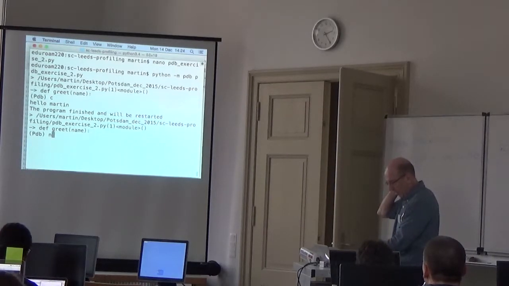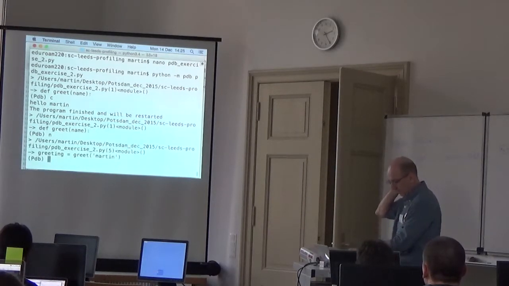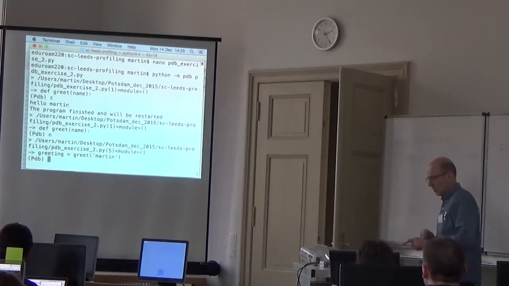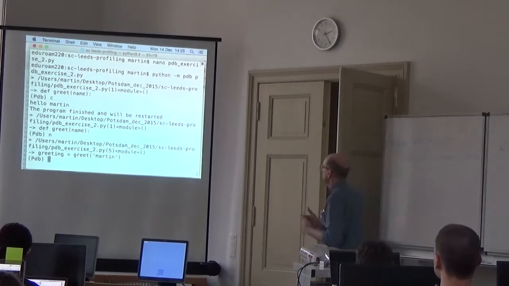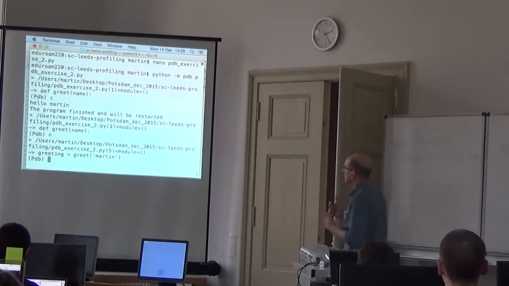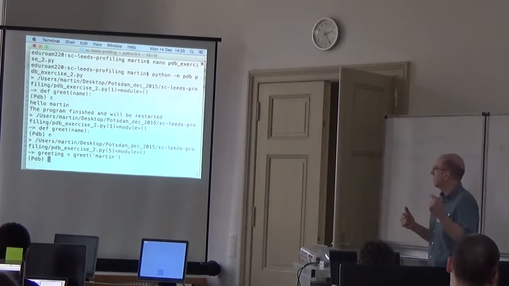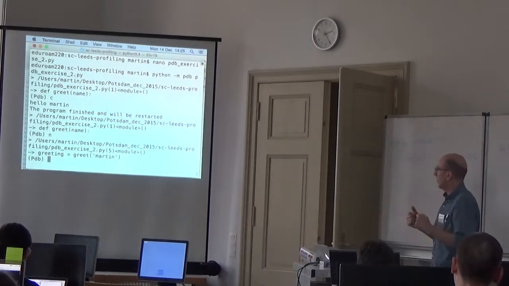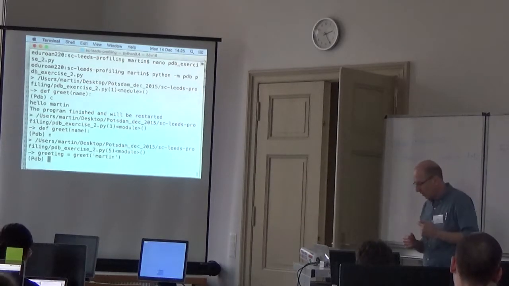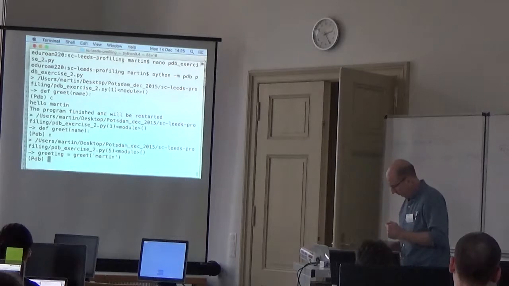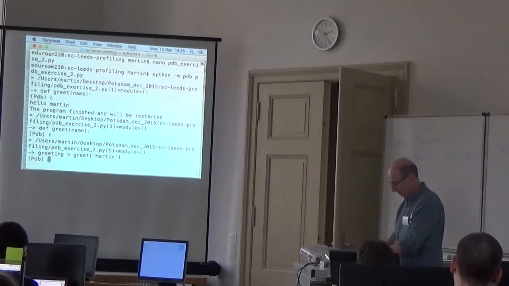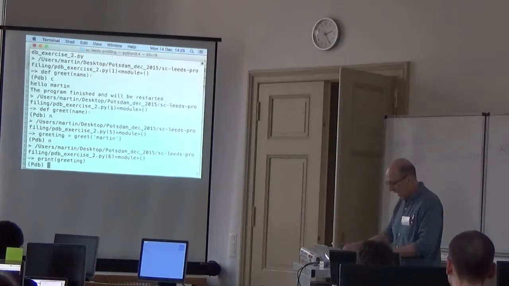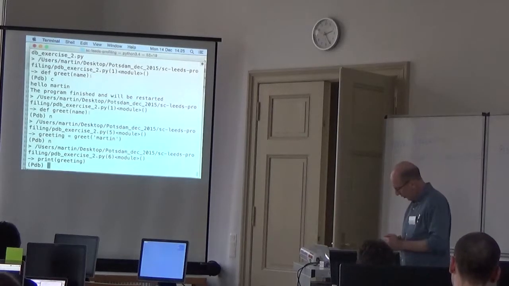The first n takes us from the function declaration straight to the greeting line. It doesn't step into the greet function. We'll hit n again, that takes us to the print greeting line.